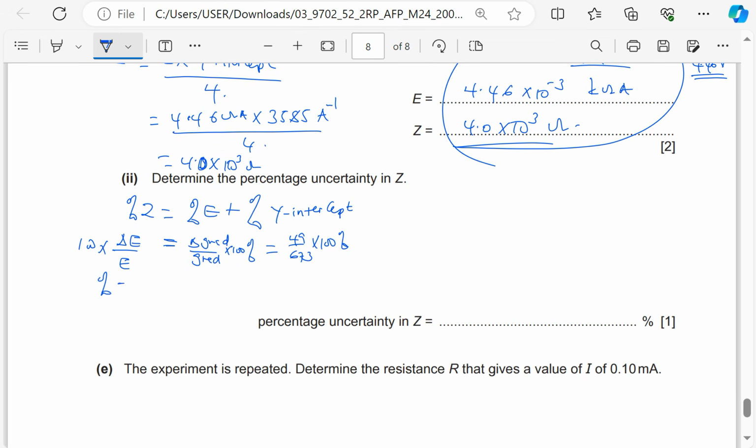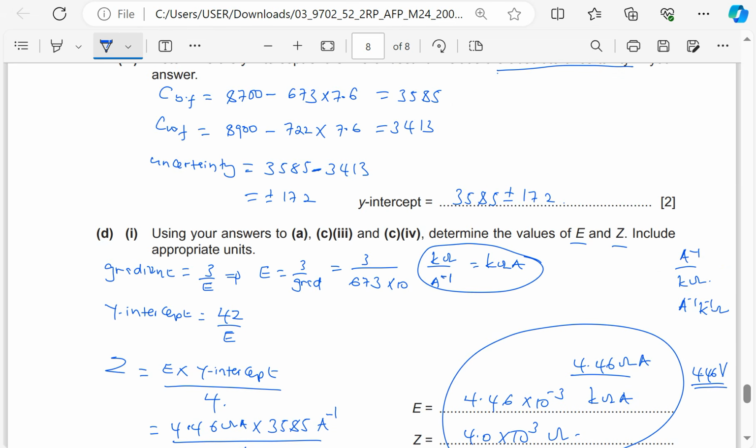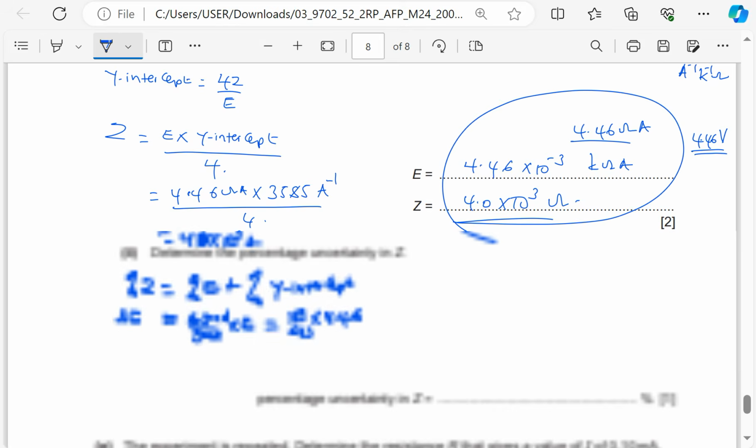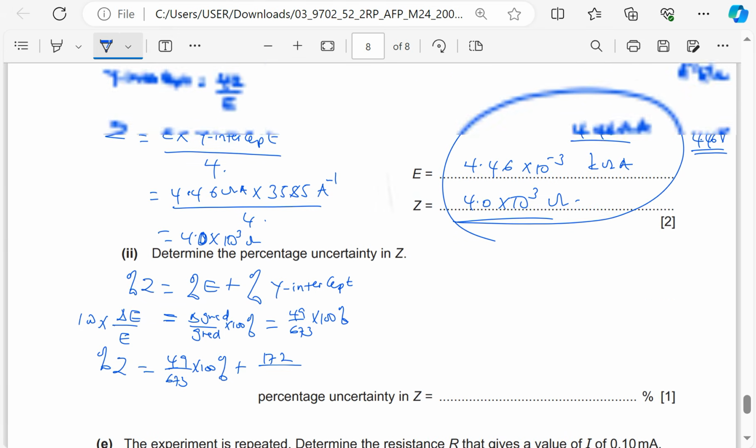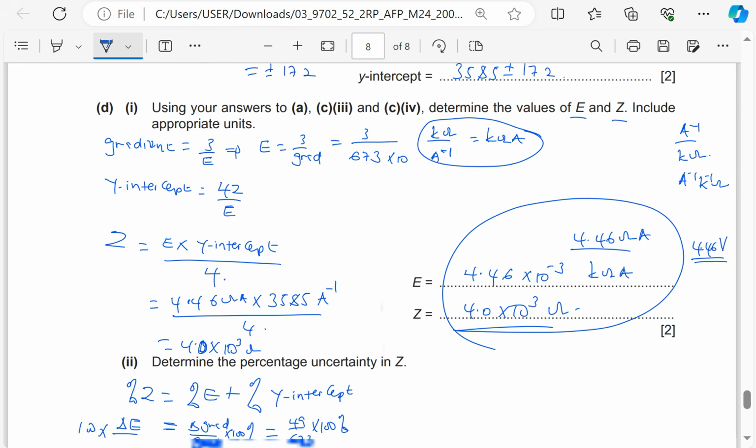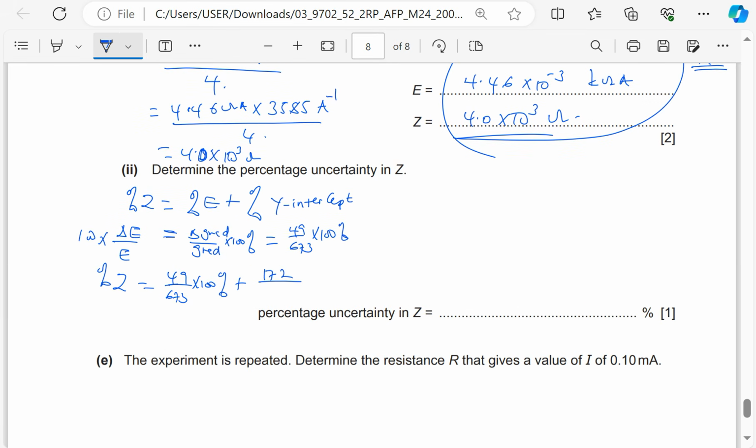So the percentage uncertainty in Z is going to be equal to 49 over 673 times 100% plus the percentage uncertainty in the y-intercept. The absolute uncertainty in the y-intercept is 172, over the y-intercept, which is 3585. Then I multiply this by 100.